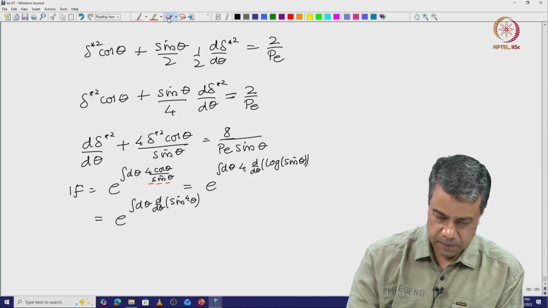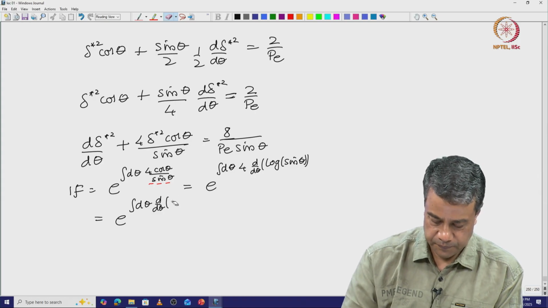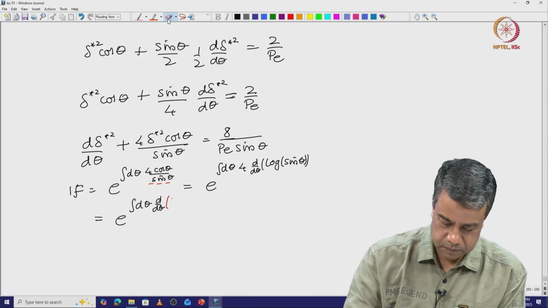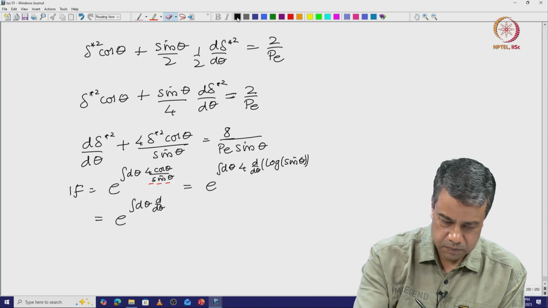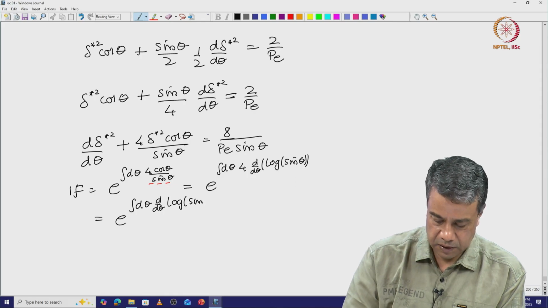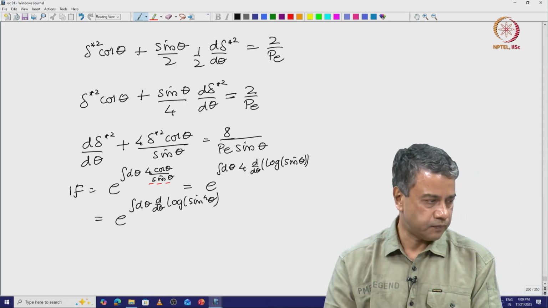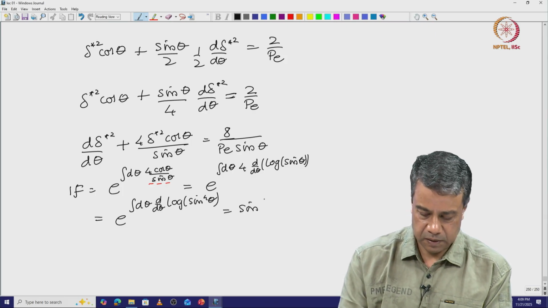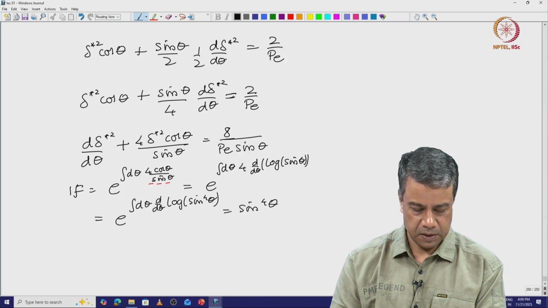And this one is d by d theta of log of sin to the 4th theta, which is just equal to sin power 4 theta.